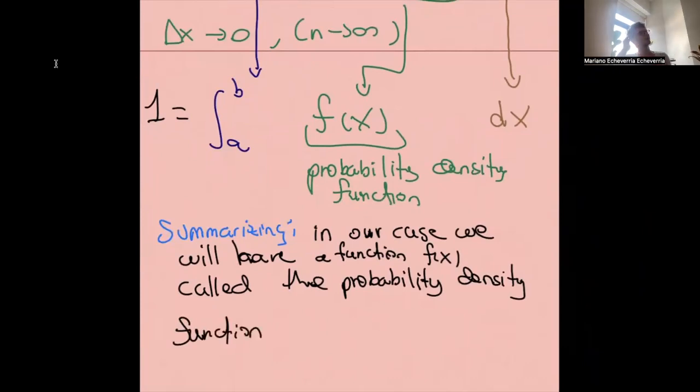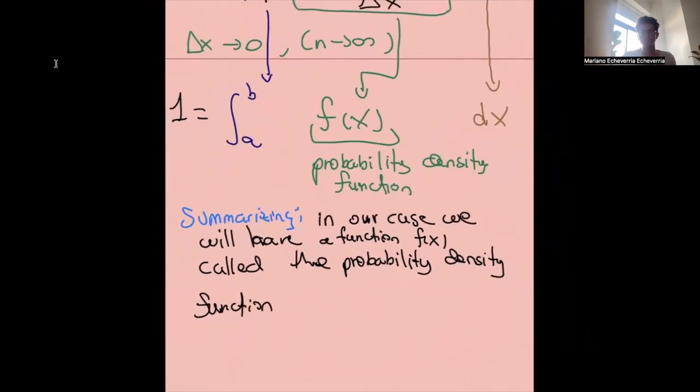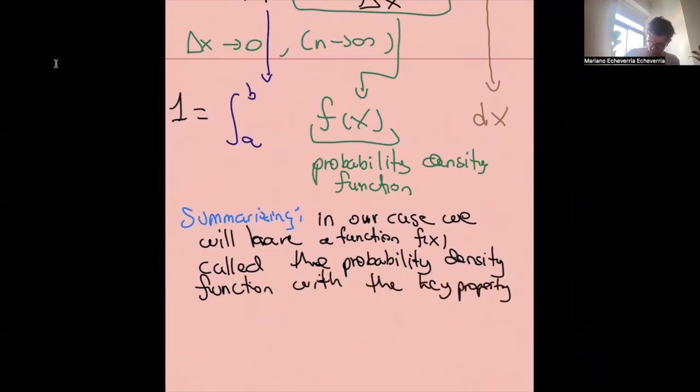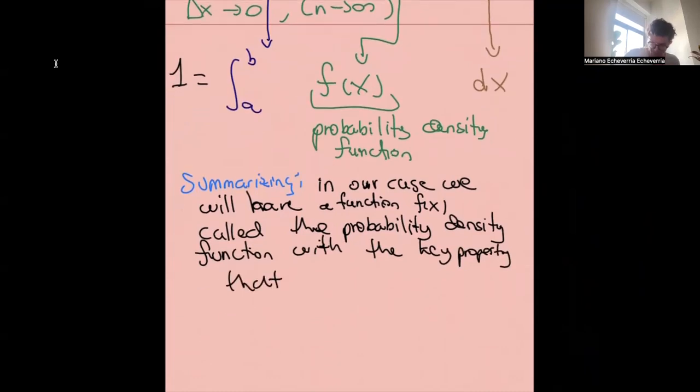The key property of that density function is that the probability that x is between x1 and x2, to use different names, is just the integral from x1 to x2 of f of x dx.